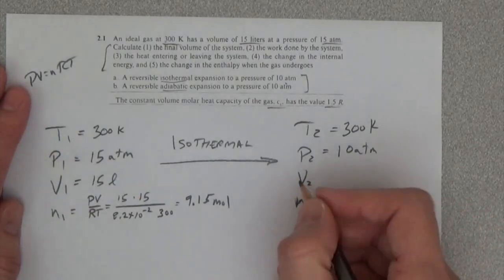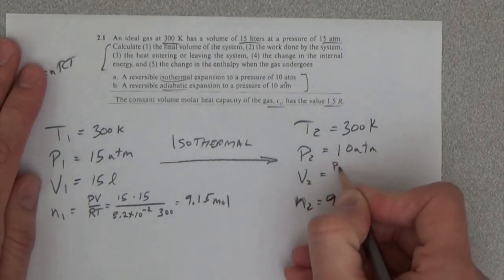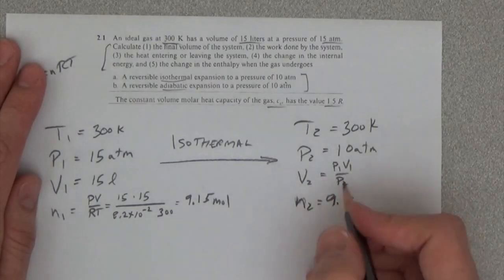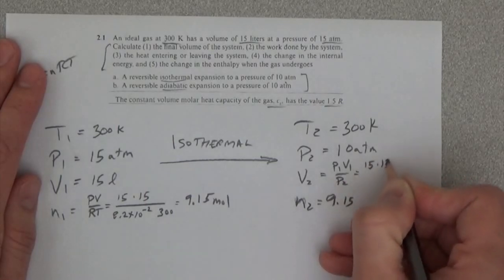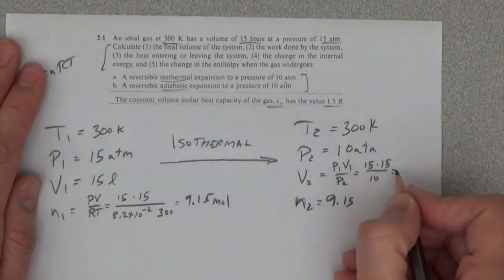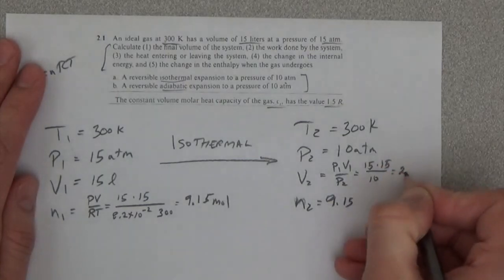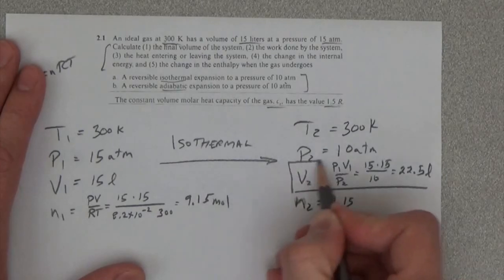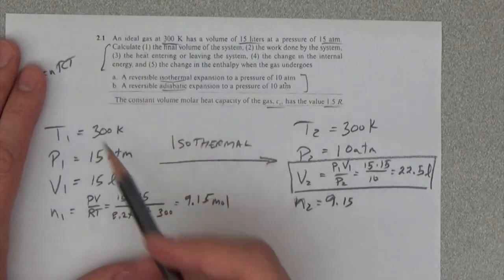And then the volume changes, and we can write that as P1 V1 over P2, which is equal to 15 times 15 divided by 10, which is equal to 22.5 liters. So that's the first component we're looking for.